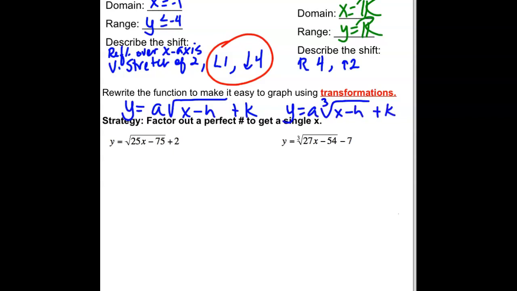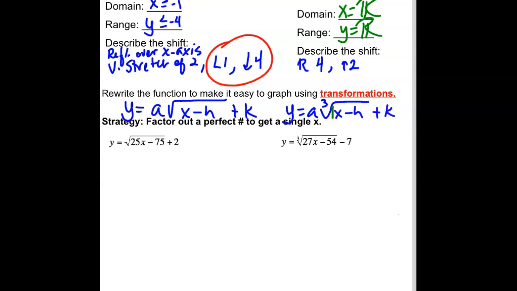But notice that we just have a single x when we identify our transformations. In the examples we have here, we have a number in front. So we're going to factor that away from the x. It is still inside the square root symbol.